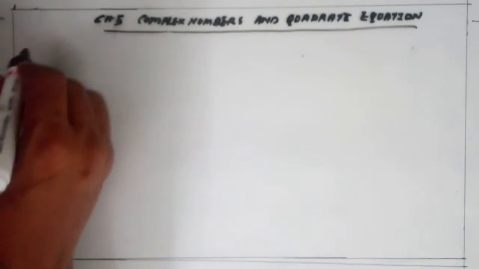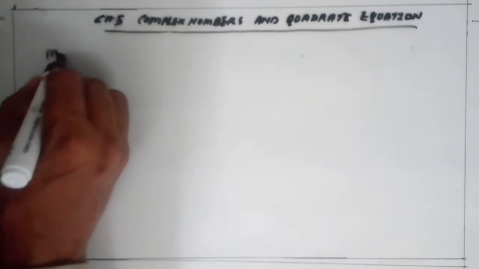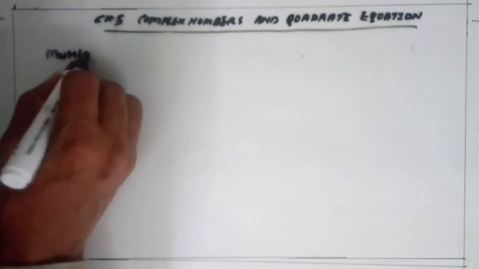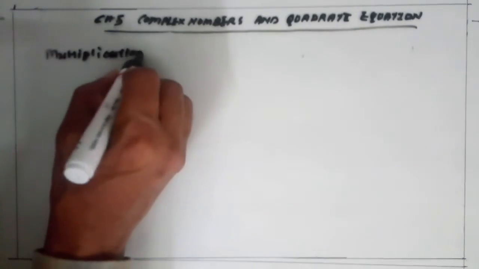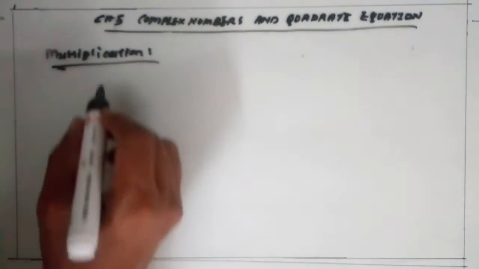Now here we discuss multiplication of two complex numbers and its properties. Multiplication of two complex numbers.